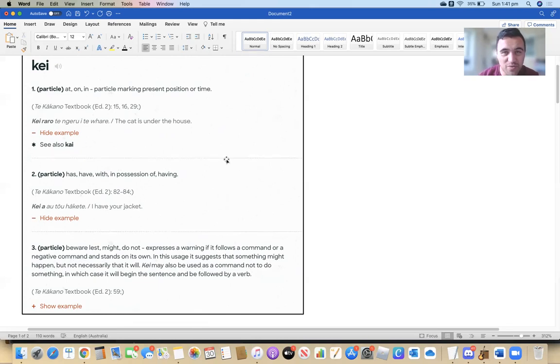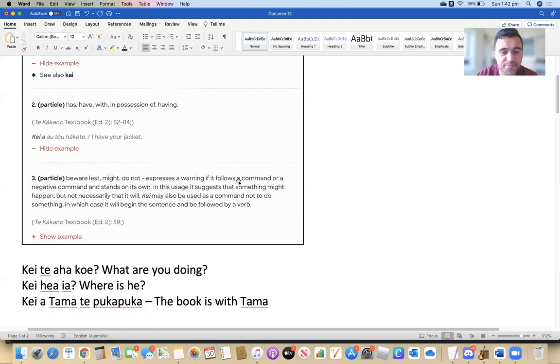So you might be reading a text, for instance, and you're bumbling along going, yep, I'm understanding all this, and you'll come across the kupu kei and realize that its usage in that context doesn't match your understanding based on these two definitions up here. And it might be that the definition relates to item 3. So I've got a few examples listed, and I'm going to scroll down and we'll have a look at those to see how it is used.